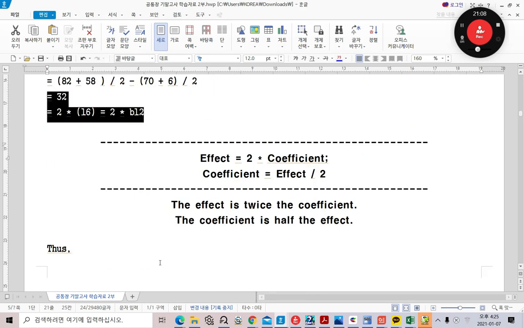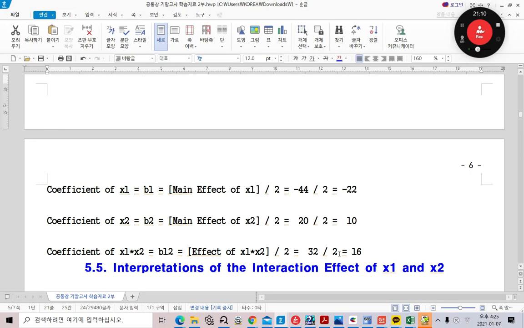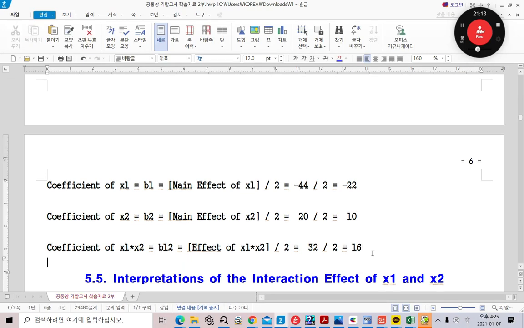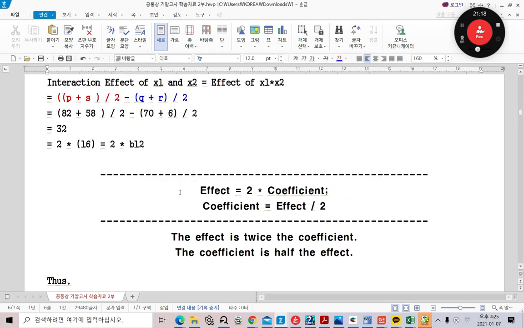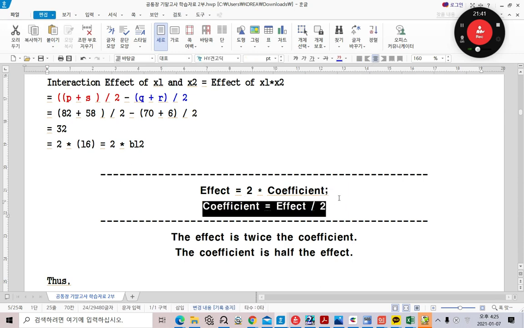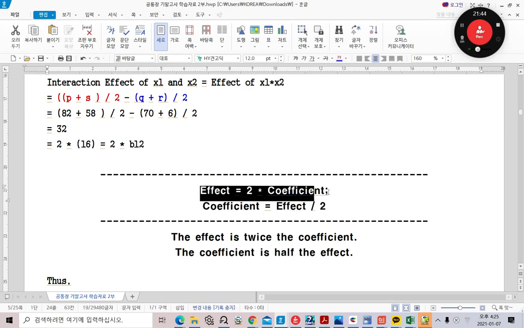So, this is the summary. The effect is 2 times the coefficient, or the coefficient is the effect divided by 2. Here the coefficient B12, 16, is 32 divided by 2.